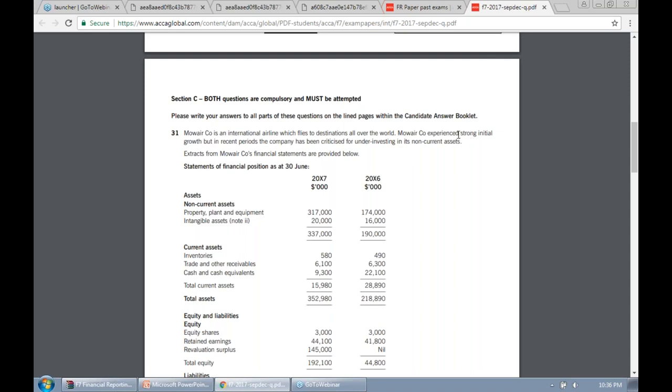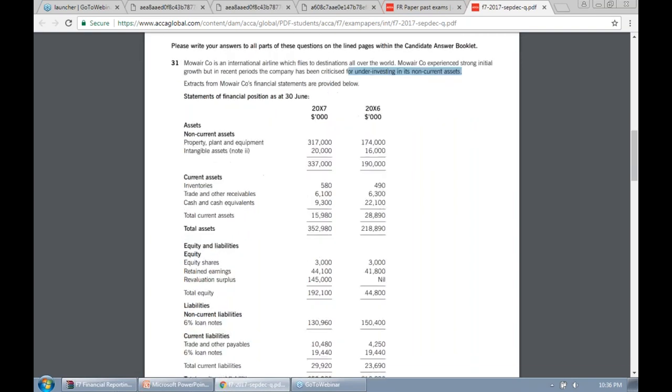Moyer experienced strong initial growth. So this is again a very important point. But in recent periods, the company has been criticized for underinvesting in its non-current assets. So the company is not actually investing in non-current assets. Now the property, plant and equipment has almost doubled, and the intangible assets of the company have increased.